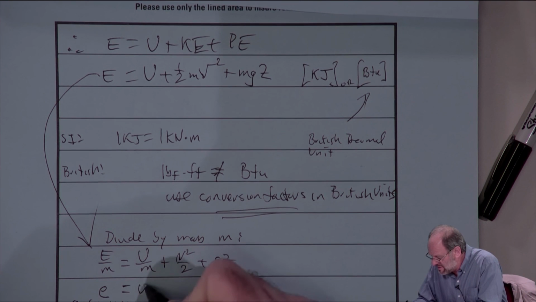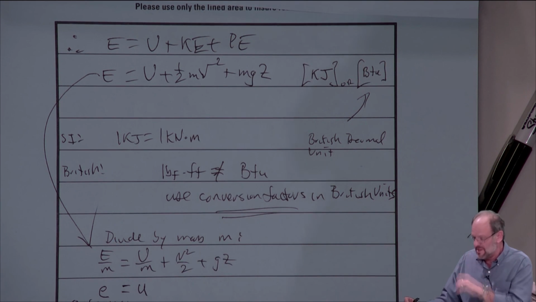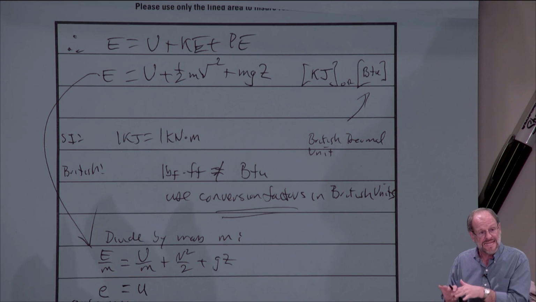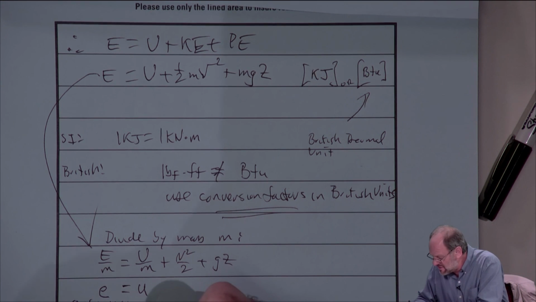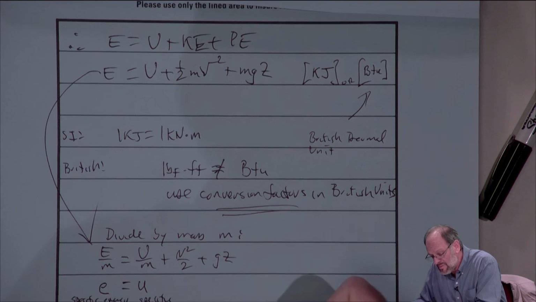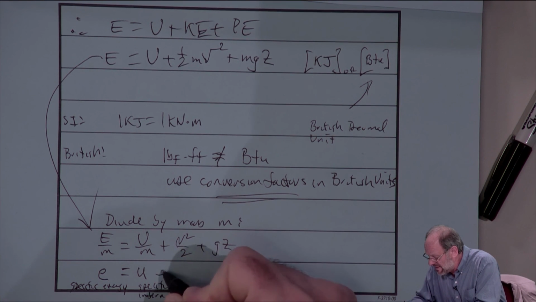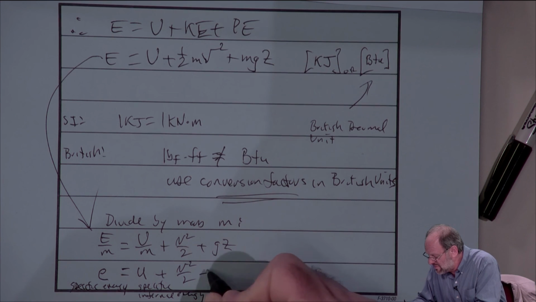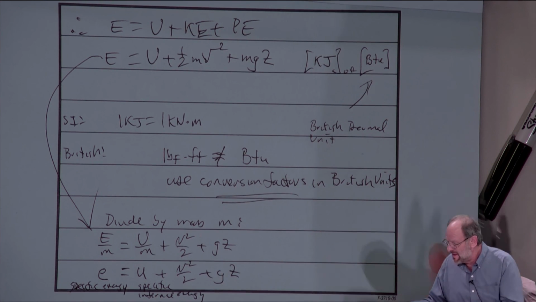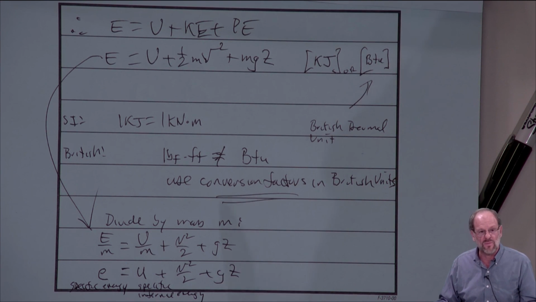U over m is lowercase letter u. So if capital U is the total internal energy, then lowercase u would be what we'll just call the specific internal energy. And then we just add to it v squared over 2 plus gz. So this would be just another form of the equation.